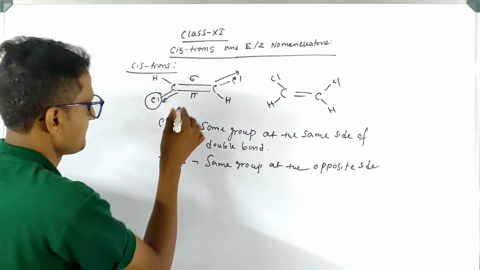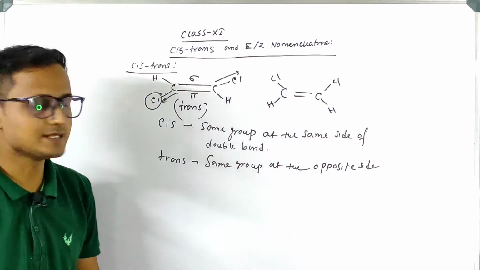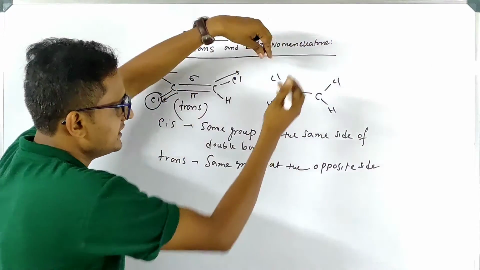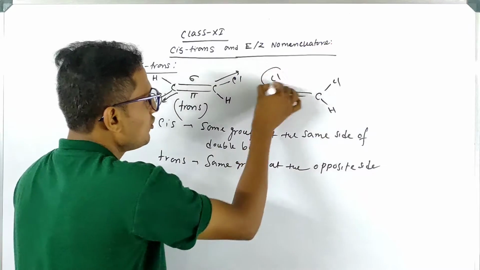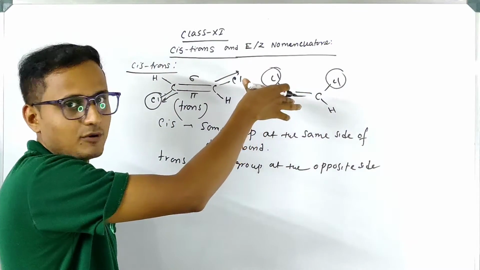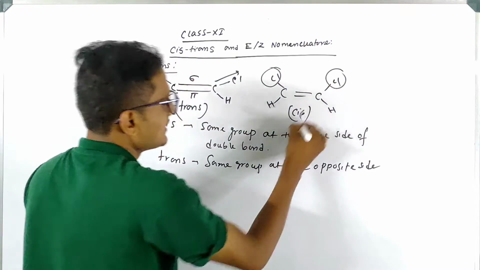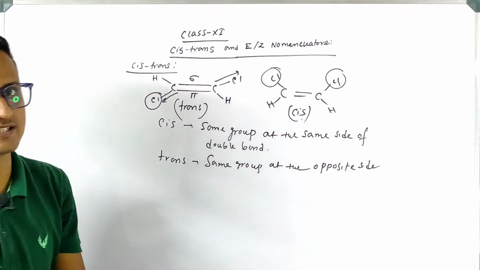So it is trans. Okay, this is very simple. Now here you see these two groups are on the same side of a double bond. So the 2 chlorines, which are the same group, are on the same side of the double bond. So it is cis. Cis means same side, trans means opposite side.